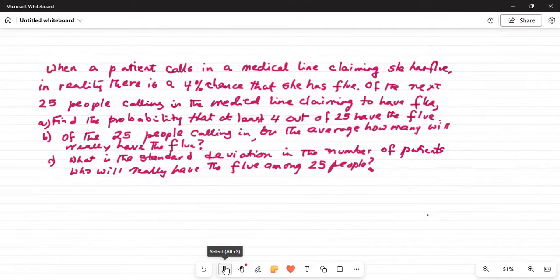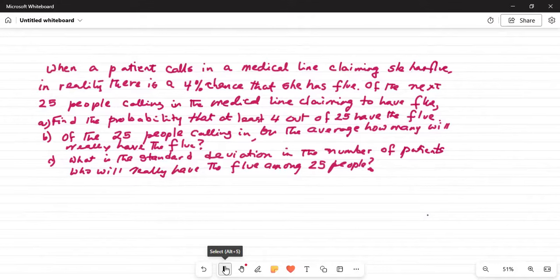All of them can have the flu, or none of them can have the flu, then x is 0. In this case, the question is to find the probability that at least 4 out of 25. We will focus on the words "at least": it means the lowest value of the number of people who have the flu out of 25 is 4, but it can go as high as 25.